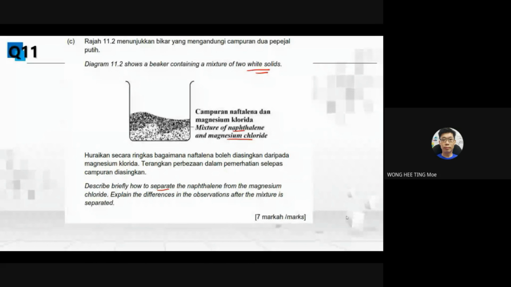Why? Because magnesium chloride is soluble in water, while naphthalene is insoluble in water.